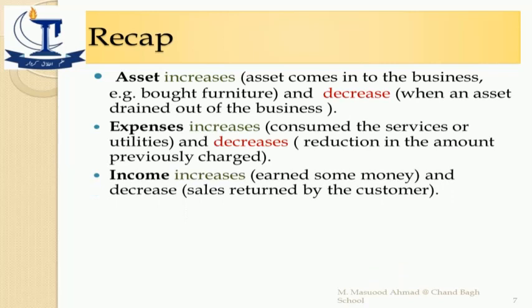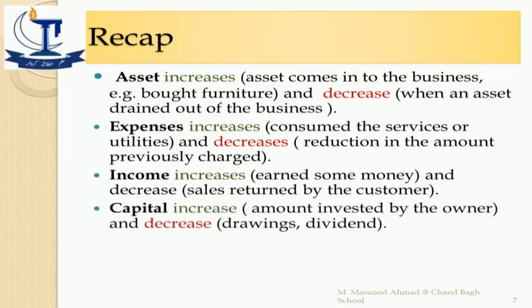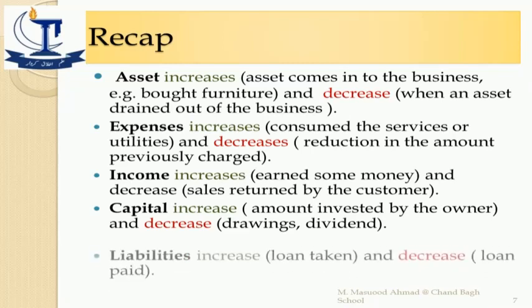Income increases when you earn some money, and decreases with sales return by the customer. Capital increases when the owner invests an amount, or more amount, into the business, or if he takes out drawings or dividend in the case of a company, then capital or equity decreases.